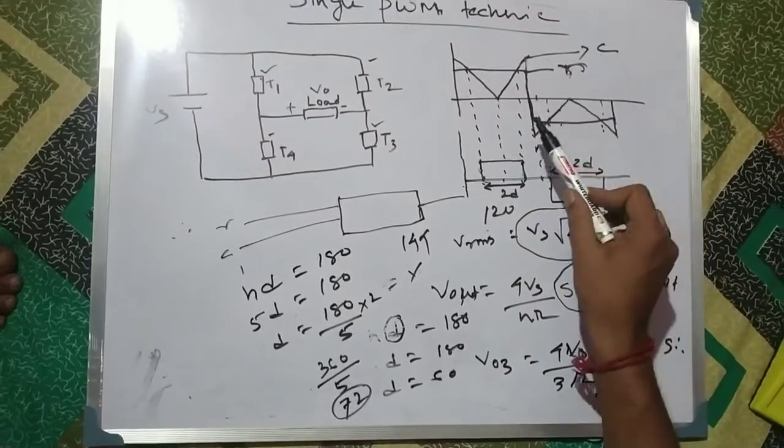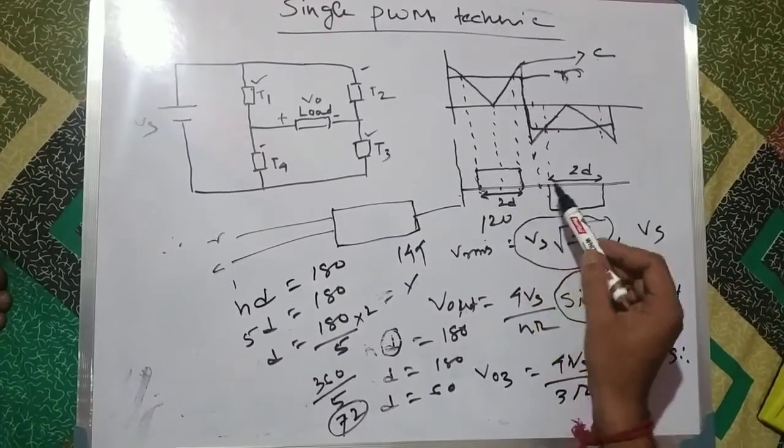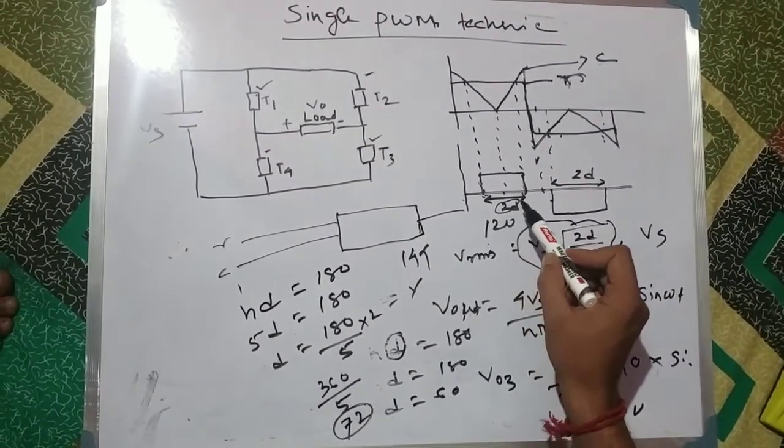If we set the reference and carrier signal such that 2d is 144 degree, then we can eliminate the fifth harmonic.